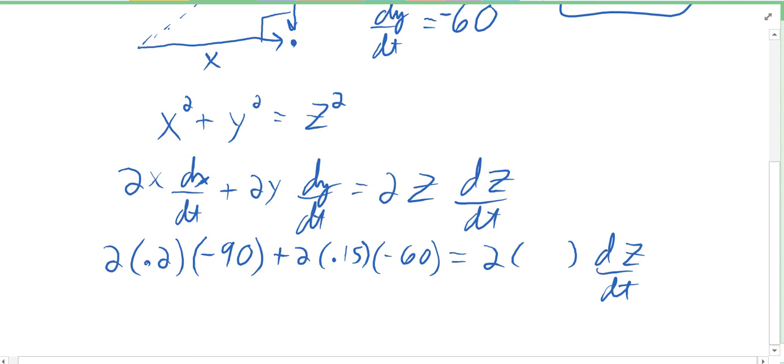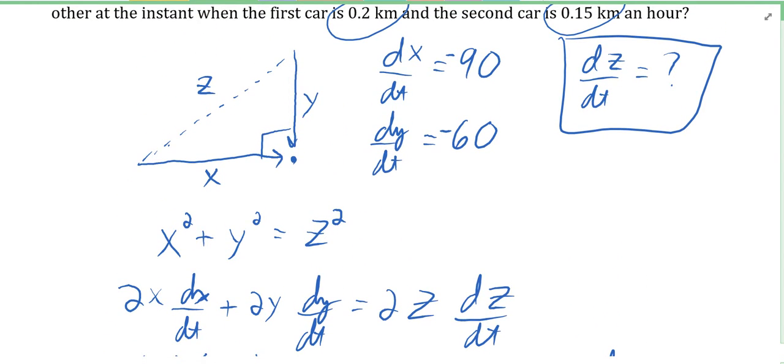So again, anytime you miss something, you got to go back up to your picture or the problem and see if you can figure it out. But we know that if x is 0.2 and y is 0.15, that's a 3, 4, 5 triangle, really. Because 0.15 is 3 times 0.05, and 0.2 is 4 times 0.05. So z has to be 5 times 0.05. 0.25.